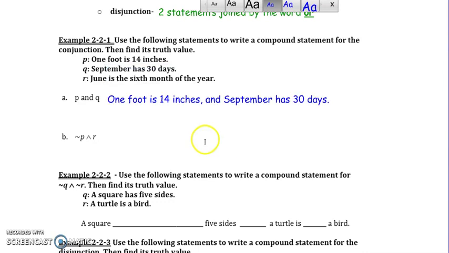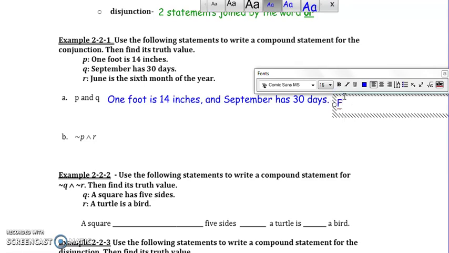So if we're looking at our truth statement here, the first part is false, and then the second part is true. So the conjunction of P and Q for this one is going to be false, since we have one false statement in there.